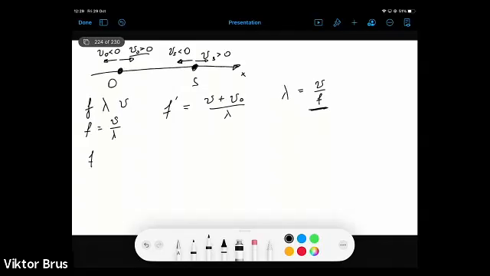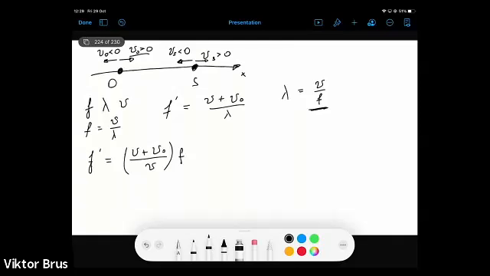So we can write that the frequency which the mobile observer hears will be equal to V plus V naught divided by V, multiplied by the initial frequency of the sound.